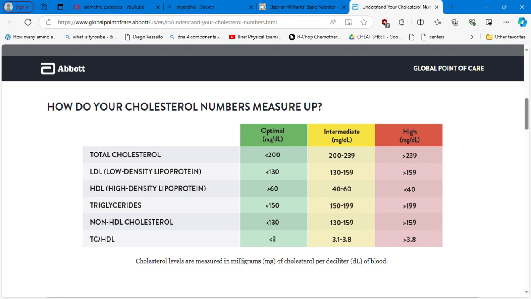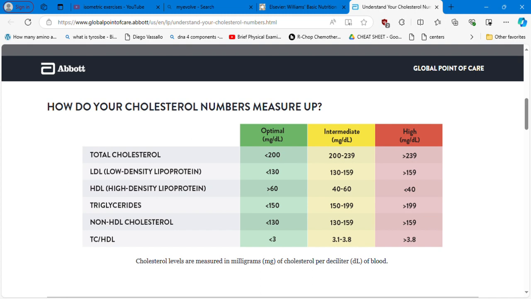So you see you have your total cholesterol, your LDL, your HDL, triglycerides, and at the bottom you see the triglycerides to HDL ratio. Okay, so if you have a triglyceride level of 250, let's say, when the normal is less than 150, you see there is a green column, intermediate, and high.